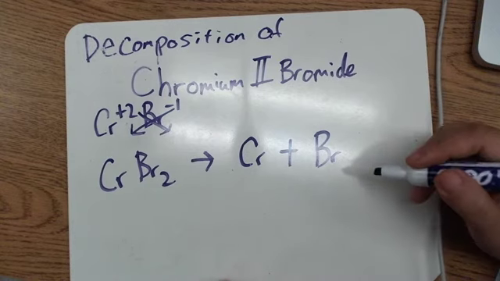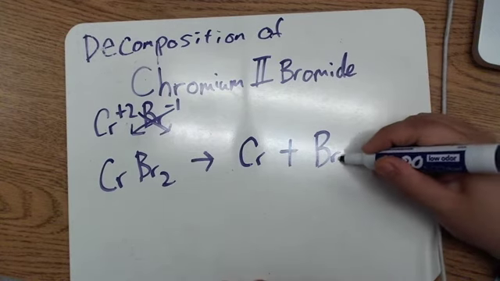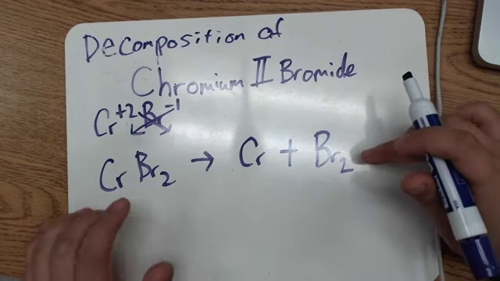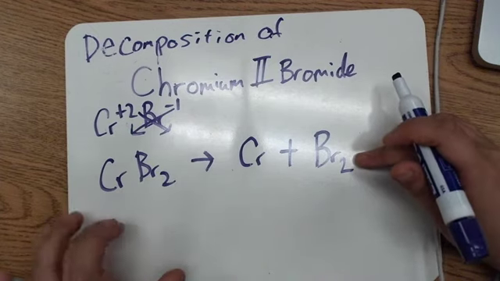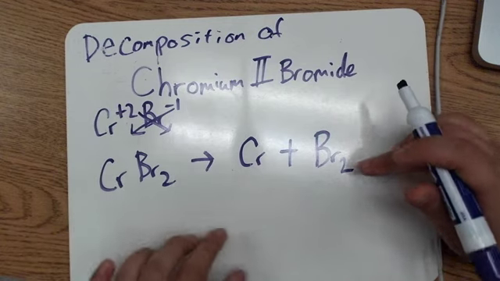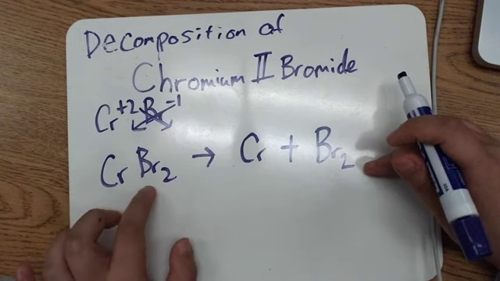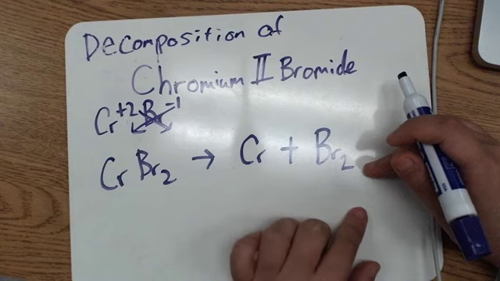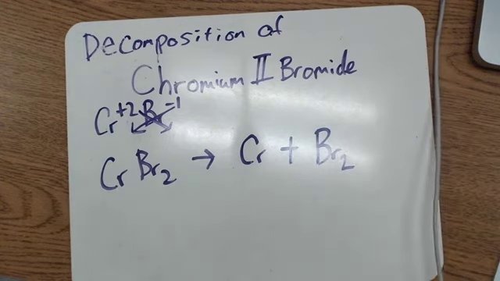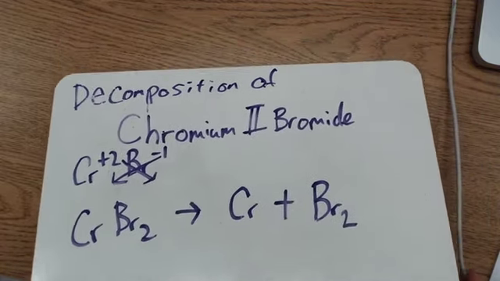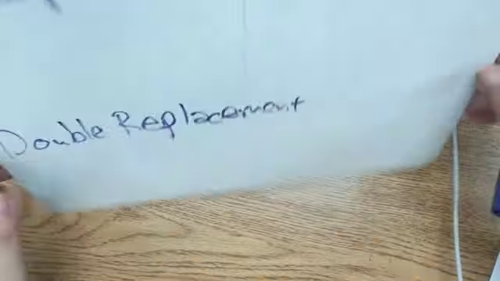Bromine does end with ine, so it gets a 2. So that is chromium II bromide decomposing into chromium and bromine. This 2 was not brought over here because I checked if it was gen or ine. Do not bring over your subscripts. It does not work that way most of the time.